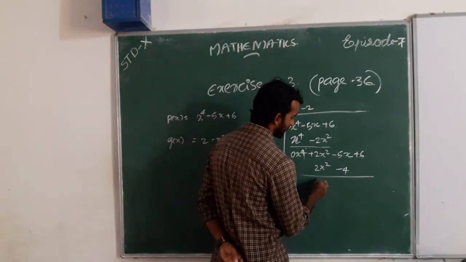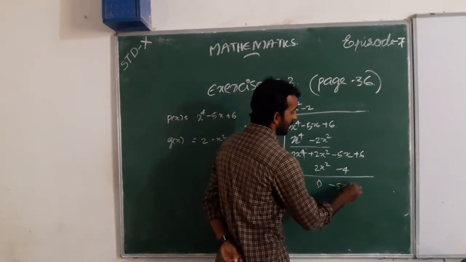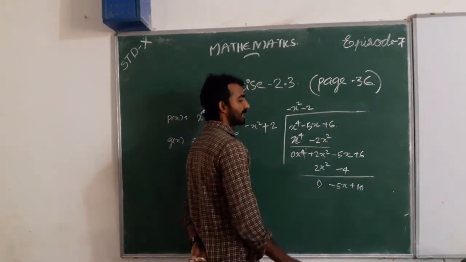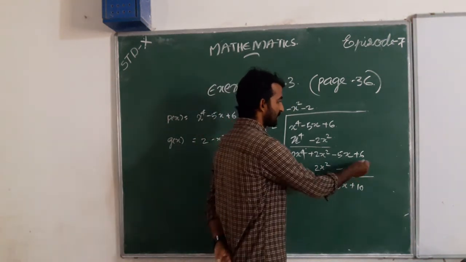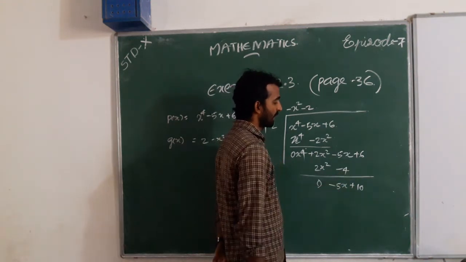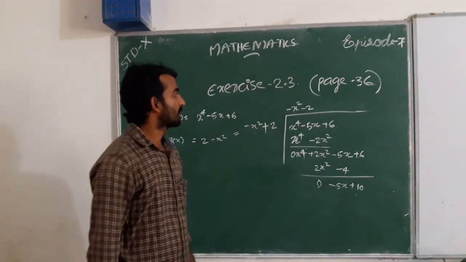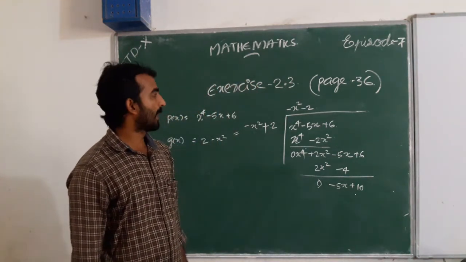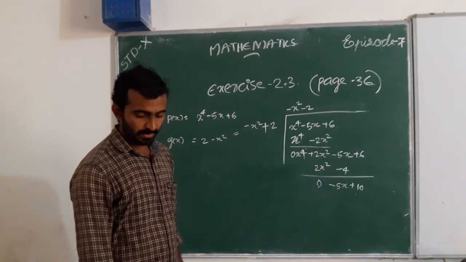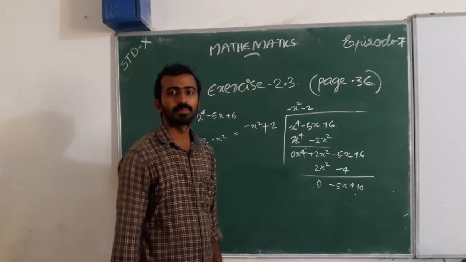The answer is here 0, minus 5x plus 10. That is 6 minus minus 4, that is 6 plus 4, we get 10. That is, here we get the quotient as minus x square minus 2, and remainder as minus 5x plus 10.